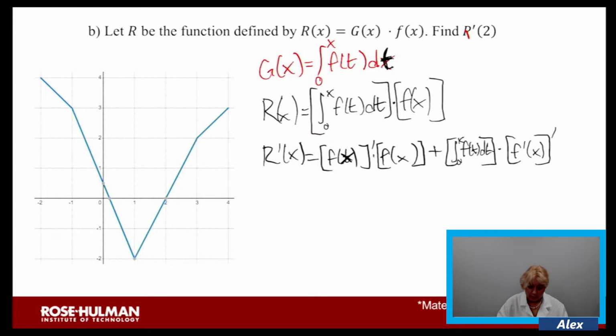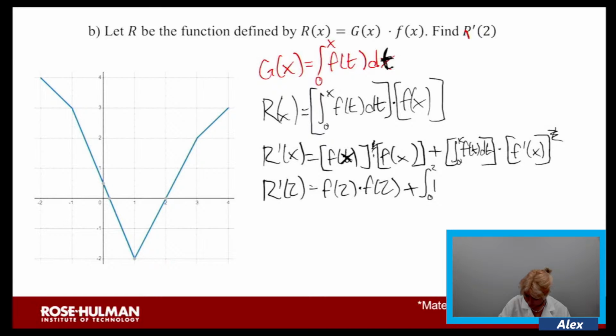So we'll use this graph that we have over here of g to find what each of these would be at 2. So r prime of 2 will be equal to f of 2 times f of 2 plus the integral from 0 to 2 of f of t with respect to t times f prime of 2.